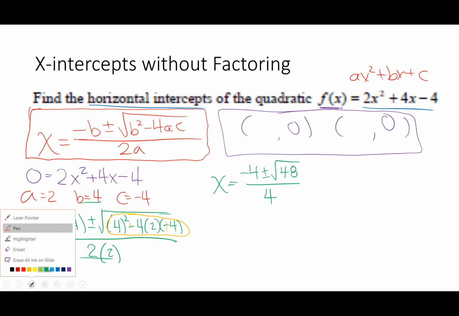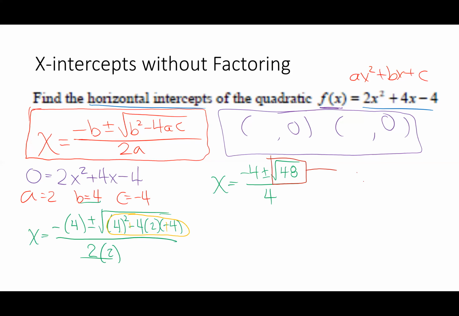Okay, great. Now, here's the thing. This square root of 48, we're going to want to simplify that. If you remember, there's a couple different ways you can go about this. I really like using a factor tree. So what are two numbers that multiply to give me 48? Well, I'll use 3 and 16. 16 breaks down to 4 and 4. Both of the 4s break down to 2 and 2. This is multiplicative, by the way, not addition.